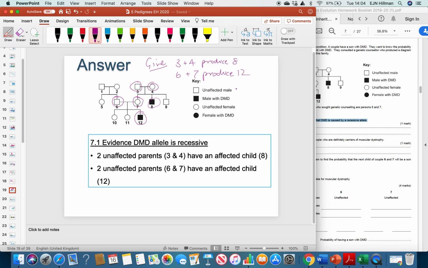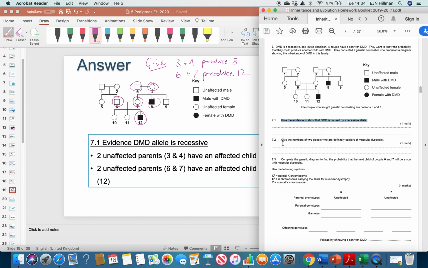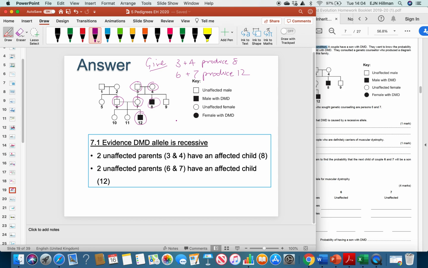It tells us up here that it is sex linked. So a carrier means heterozygous. If it's sex linked, only females can be heterozygous.